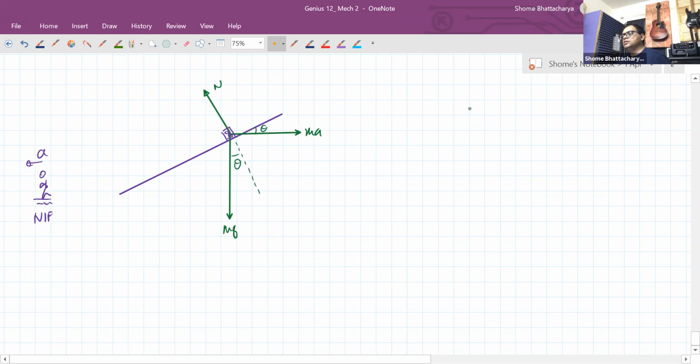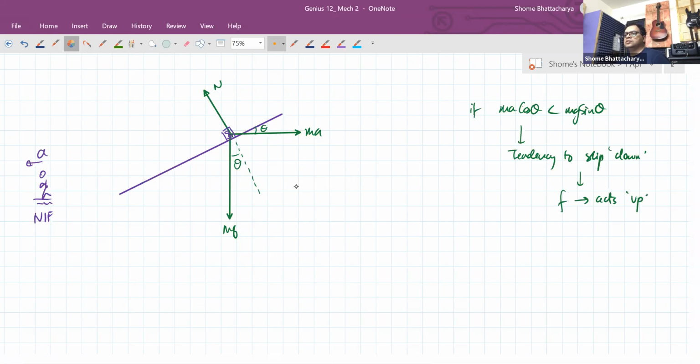Now we assume that if m A cos theta is less than m g sin theta, it has a tendency to slip down the incline. So friction acts up the incline.